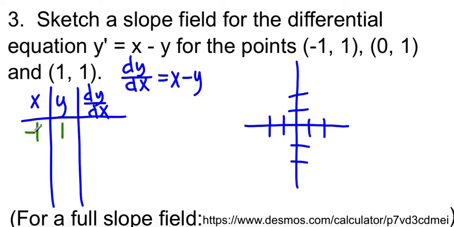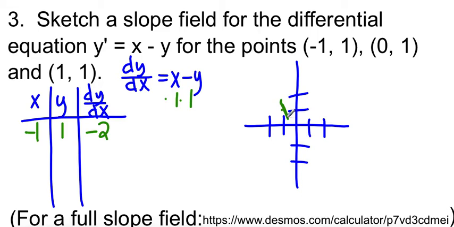So if x is -1 and y is 1, we plug that into dy/dx, -1 minus 1, and we get -2. So what this means is at the point (-1, 1), right there, the slope is -2. So what we do is we draw just a little line showing that.